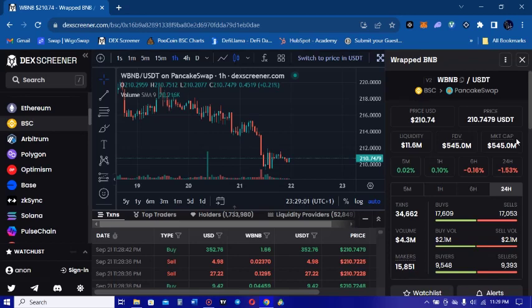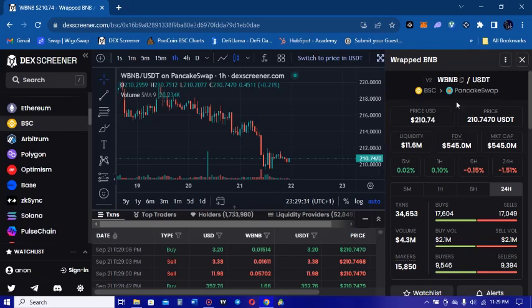If you do not understand what liquidity is, I have written a thread. Actually, I've written two threads on X, thank you Elon, about liquidity and how it's different from market cap and FDV. So I suggest you go to my Twitter handle at Dilitoshi to check out the threads and read them. They are very educative and you will learn a lot.